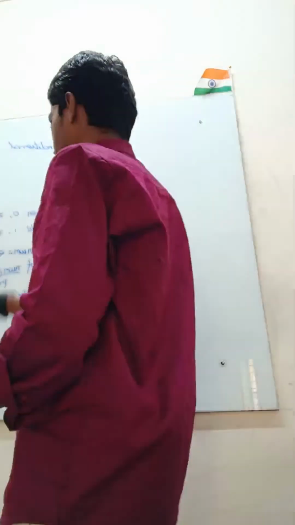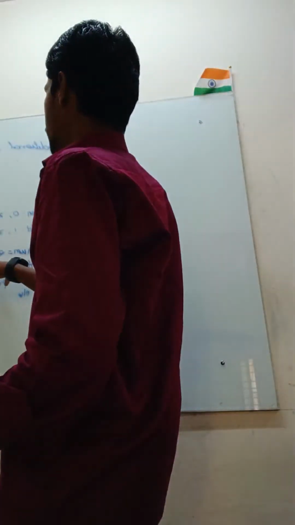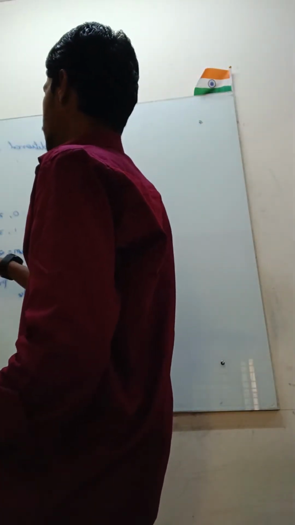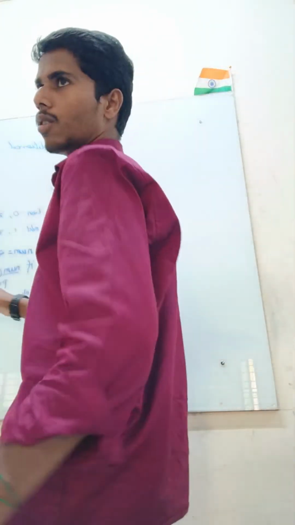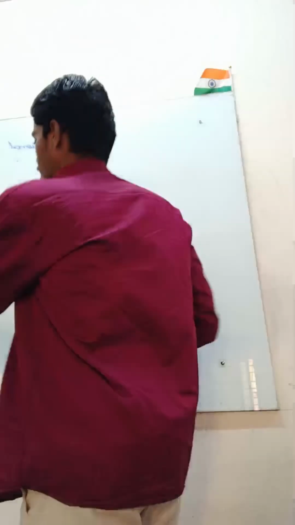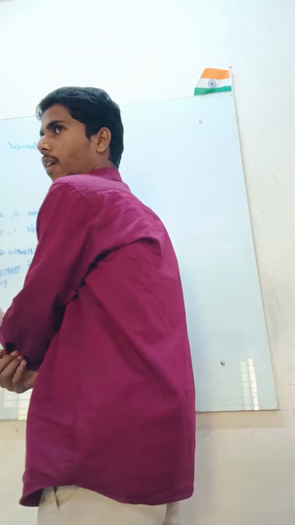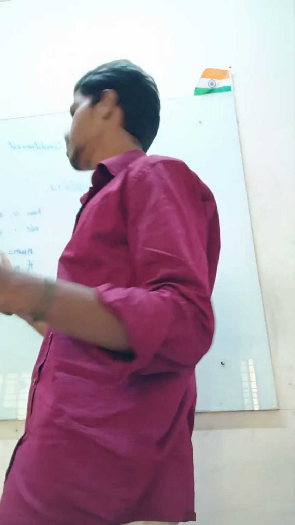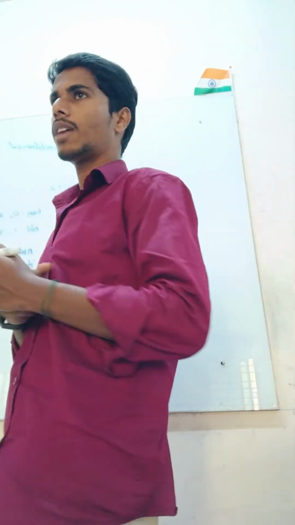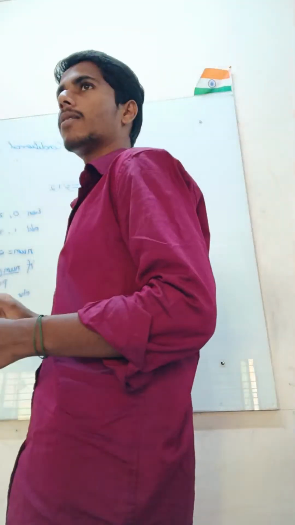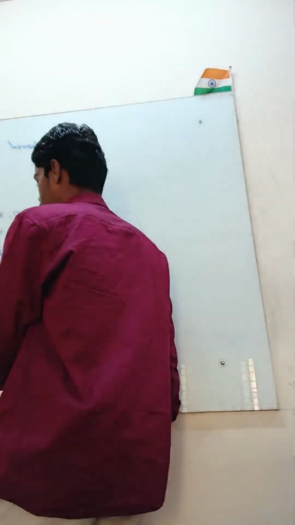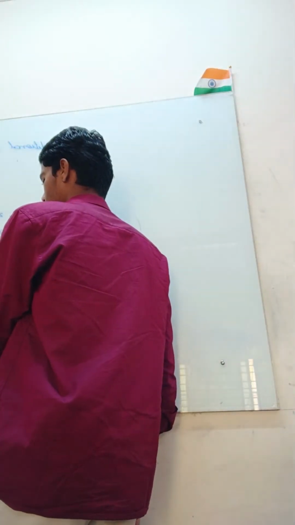Else is nothing but, if number modulus 2 equal to 0 is true, then else should be false. False means the number is not divisible by 2, the remainder is not equal to 0, right? Some kind of value comes. So we need to do an else part. I'll just print simply odd.